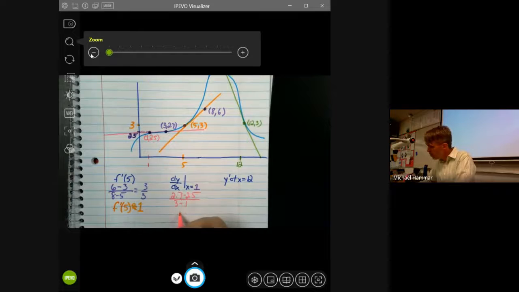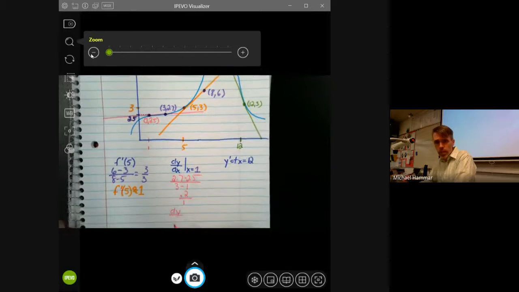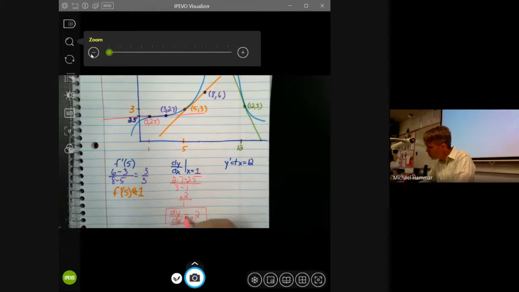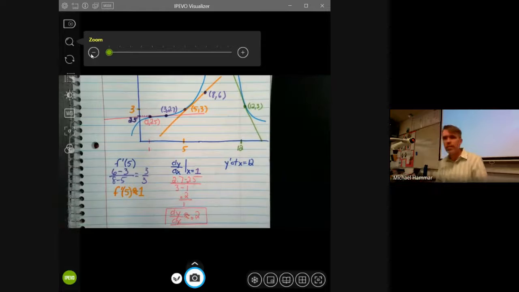So this will end up being 0.2 over 1. So the derivative of this function at x equals 1 is about 0.2. Again, I should use the little wavy equal signs because it's not the exact value. It's just an estimated value.